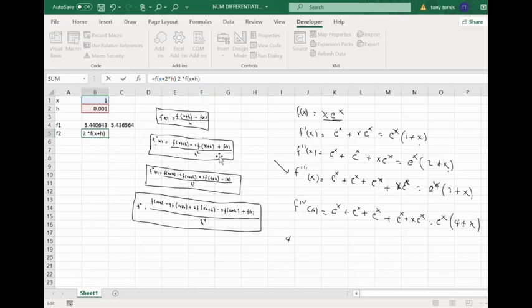I don't have to punch any number, just variables the way it is right here. Plus f of x. There's a parenthesis that I have to wash out for that. It's this one. And the whole thing divided by what? H squared. So that means h square.